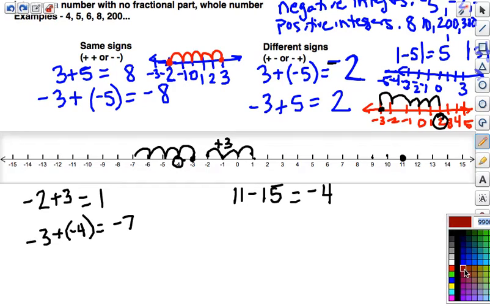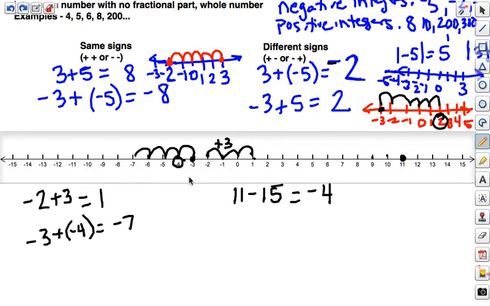Before we move to multiplication and division, I do want to just mention whenever you're subtracting a negative number, so let's say we have 3 minus a negative 4, we want to think of this as adding the opposite.